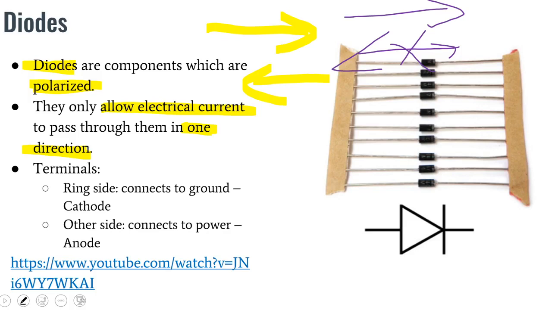It is a polarized device with two sides: a ring side that connects to the ground, or the cathode, and the other side which connects to the power, or the anode. The anode is the positive side, and the cathode is the negative side of the diode.